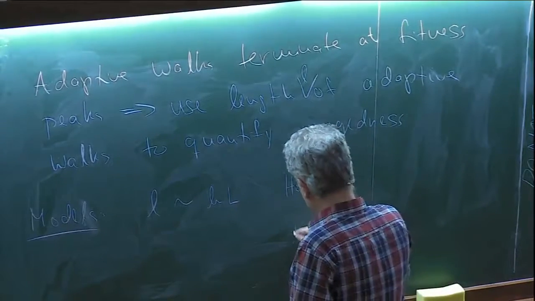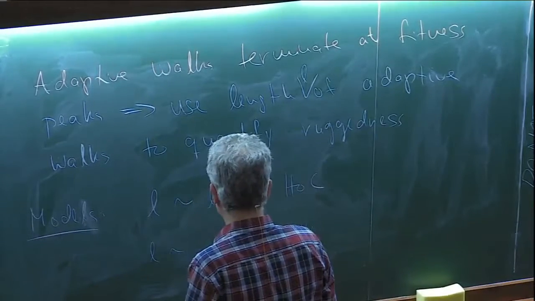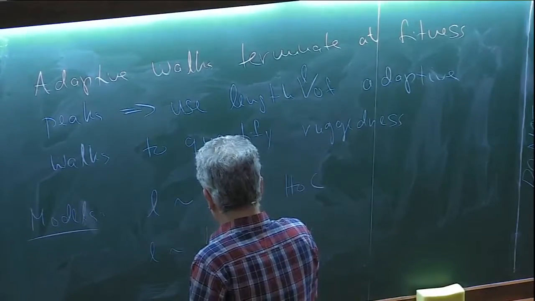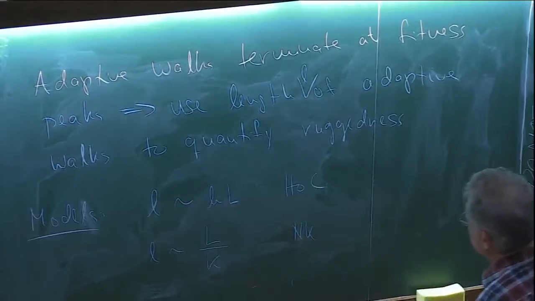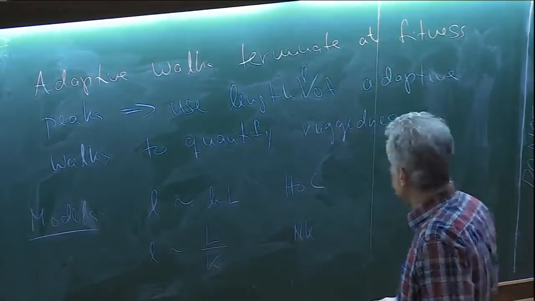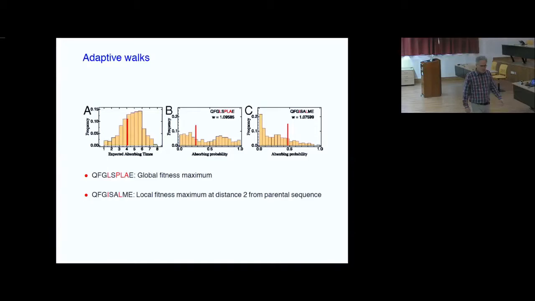In the NK model, they are typically something like L divided by K, with some corrections. But coming back once more to this experimental paper by Claudia Bank and collaborators, I want to show you how you can make use of this for the analysis of data.